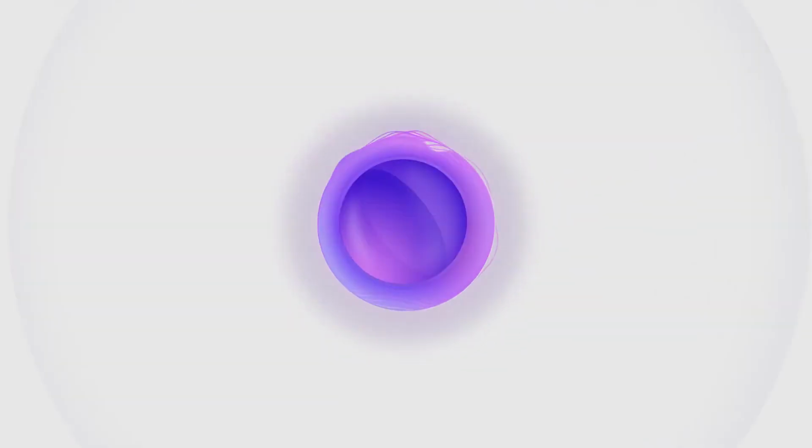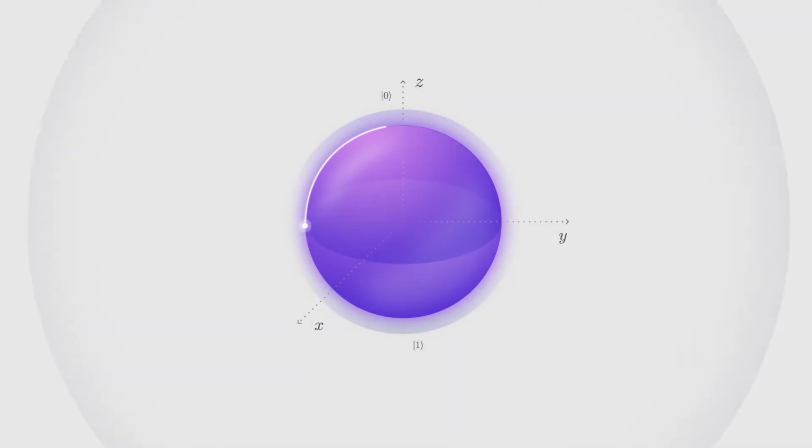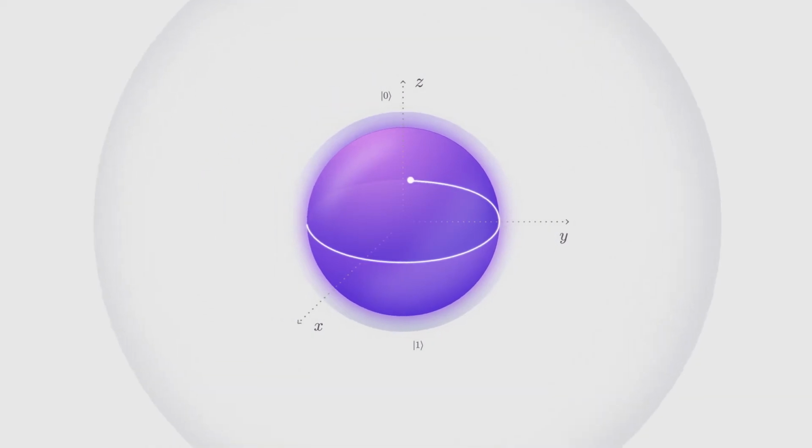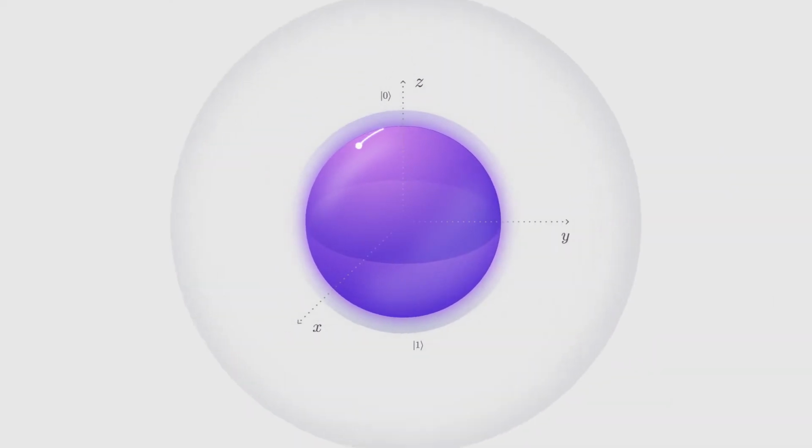Still confused? Fortunately, we can visualize these complex states using a Bloch sphere. Now, instead of a switch with one of two values, we represent the state of a qubit as a point on the surface of a sphere. Different points represent different qubit states, different combinations of 0 and 1.